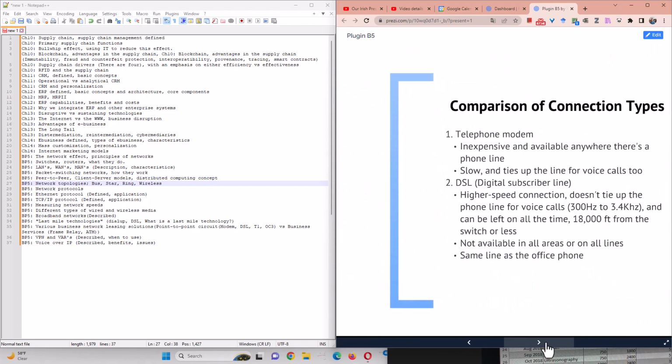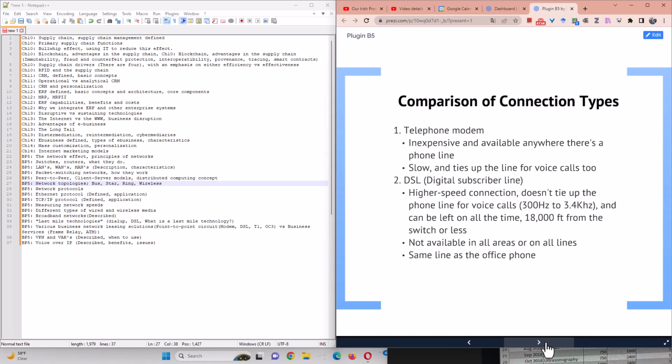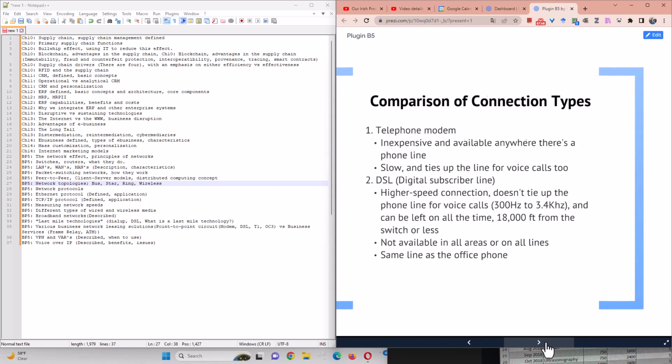And so, you've got some comparisons in here, comparisons of the different connection types.